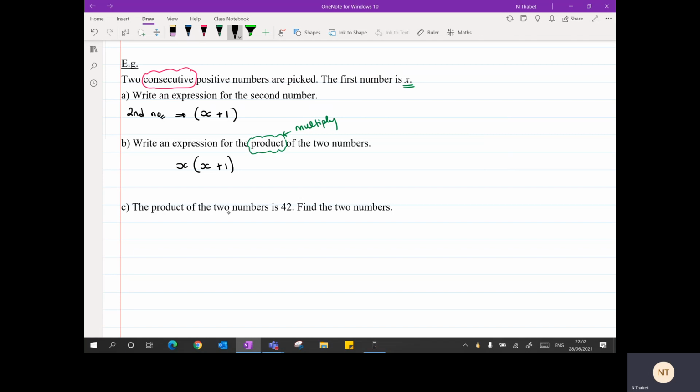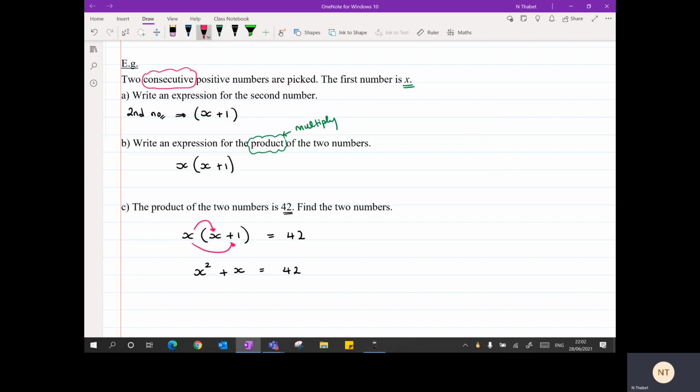The product of the two numbers is 42. So x times x plus 1 equals 42. That's an equation. So the first thing you would do is to multiply out the brackets. x times x is x squared, x times 1 is a positive x, and that equals 42.